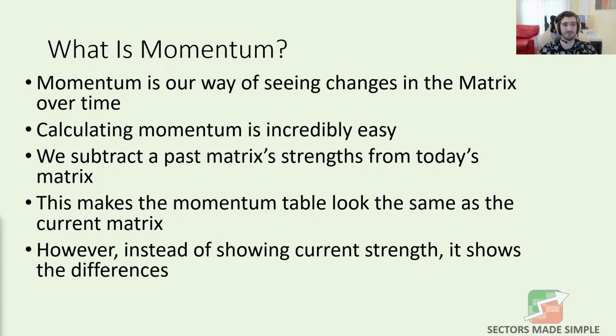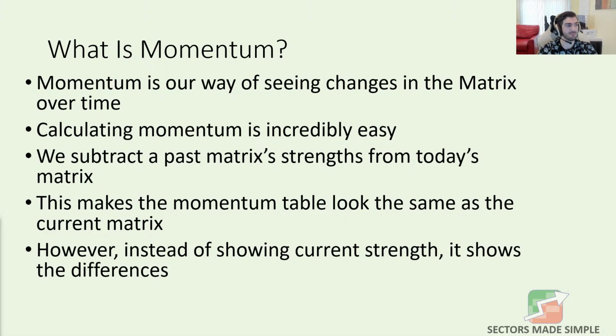Because the only difference is that on today's matrix or a past matrix, you're going to see the totals, 8, 2. For momentum, you're not going to see 8 and 2. You're going to see +3, -4, 0. Everything is not the actual strength, it's the changes in strength.